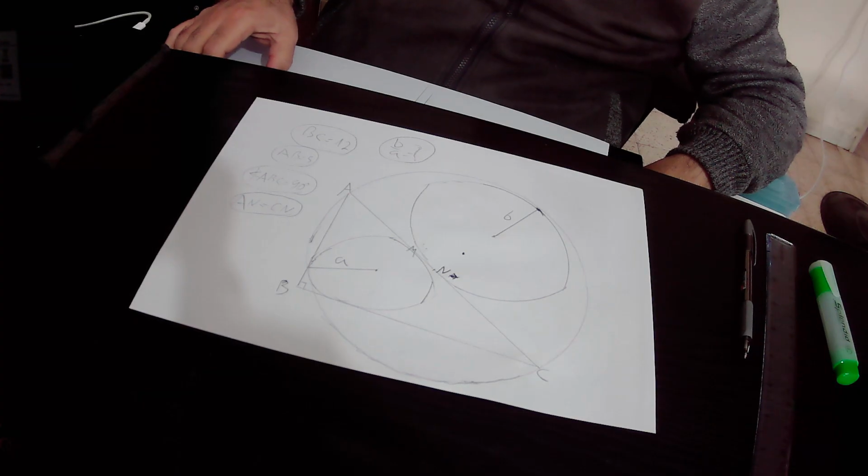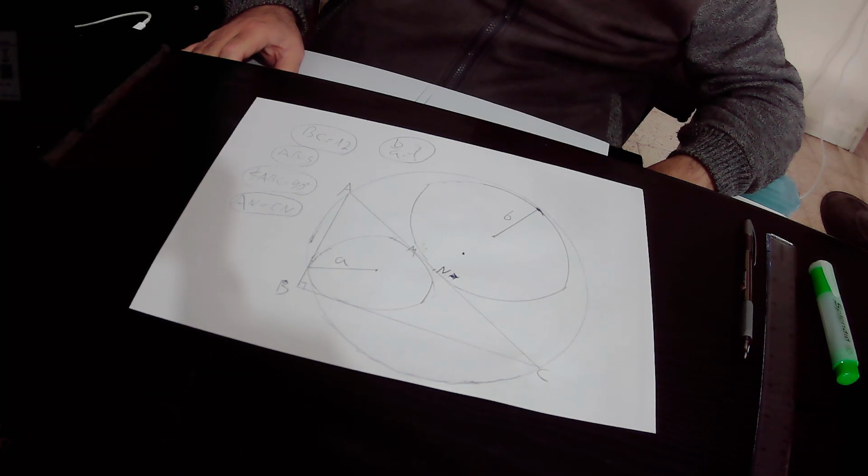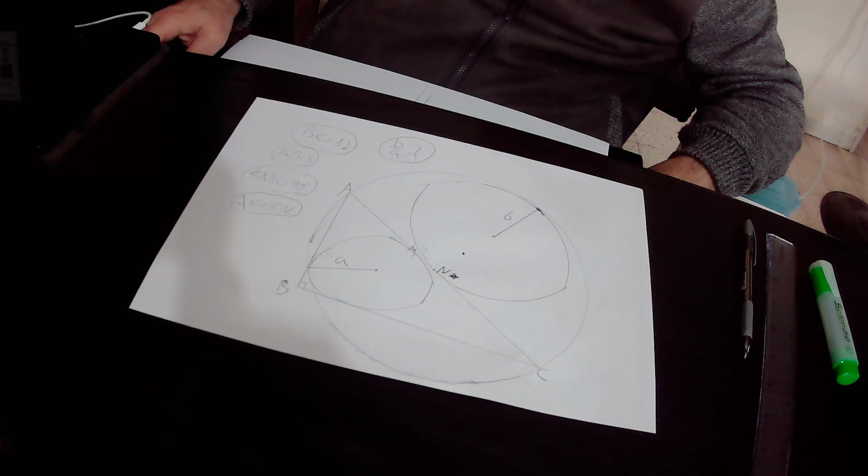So first of all, we will implement the Pythagoras theorem on the right triangle, triangle ABC.